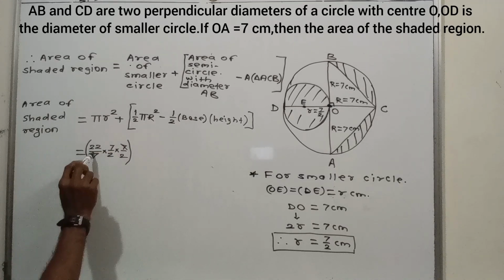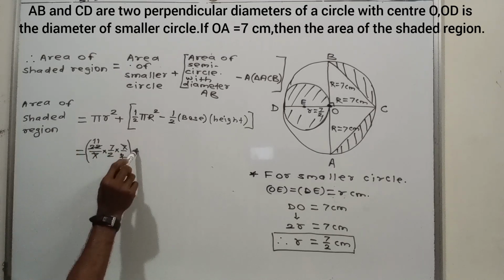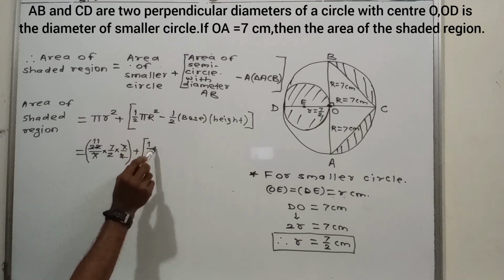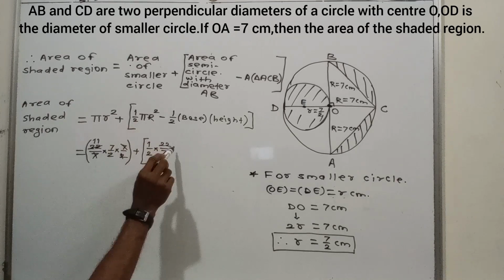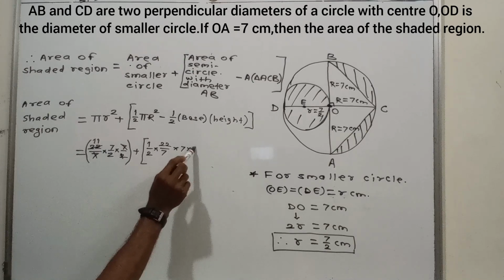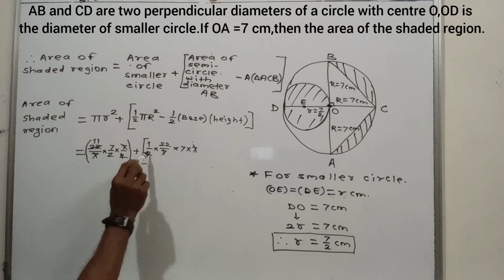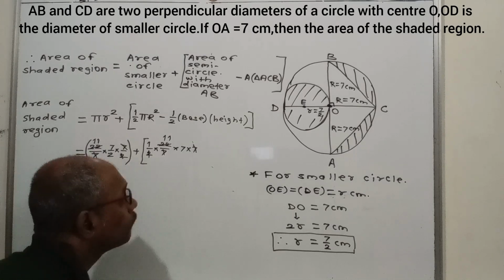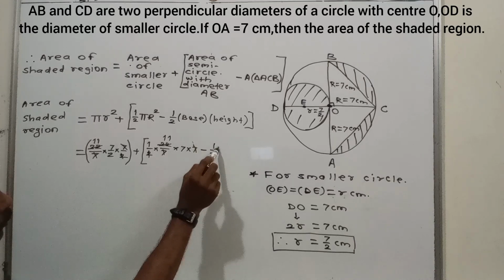Here 7 cancelled, 2 11s are 22, plus 1/2 pi, the value of pi is 22/7, R squared, 7 into 7. Now here 7 cancelled, 2 11s are 22, minus 1/2 base.